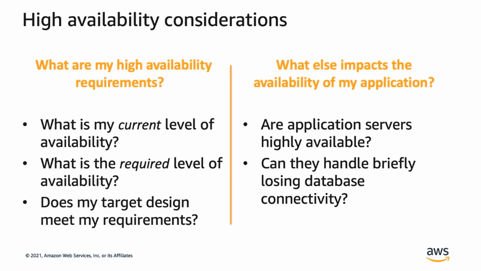Or for the portion of your application that talks to the database, how does that handle disconnects when the database fails over? While you should be able to answer these questions, it is also important to actively test your applications to understand how they are impacted by different failures.